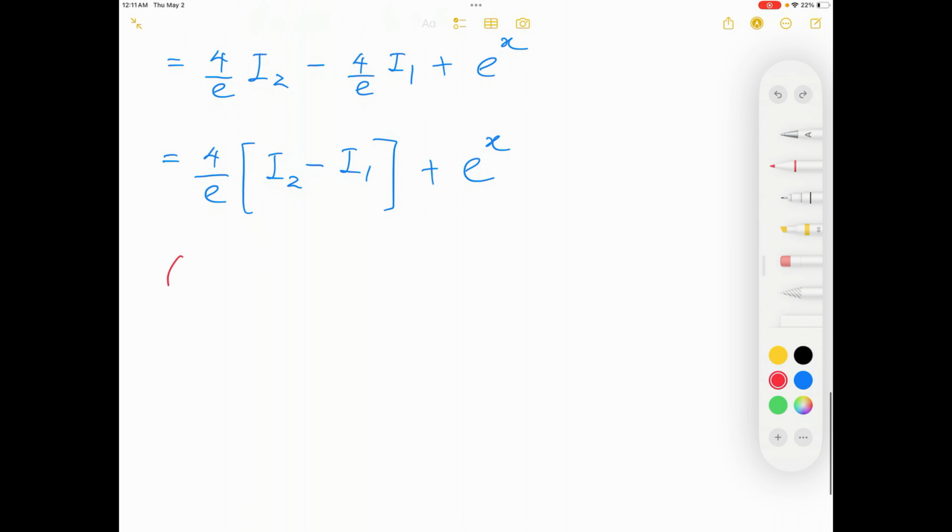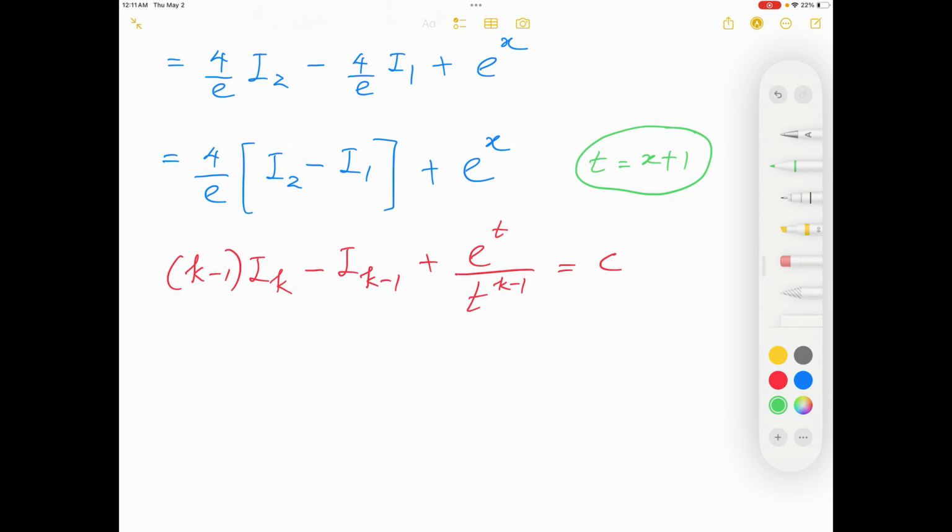The result that we proved was k minus 1 times I sub k minus I sub k minus 1 plus e raised to the t divided by t raised to the k minus 1 is equal to a constant c. Remember, we used t as x plus 1.